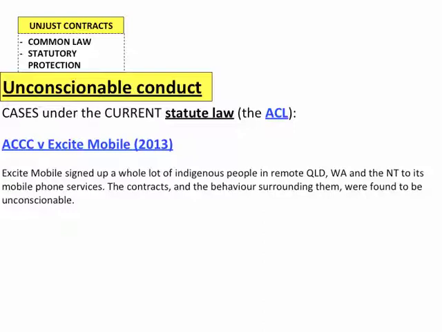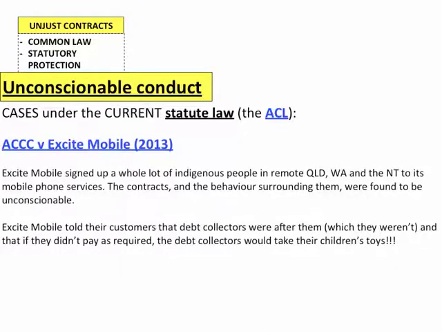What Excite Mobile did is they pretended that when someone hadn't paid their bill, like they were a little bit late, Excite Mobile would send these letters pretending to be a debt collection agency and say, we are a debt collection agency. Excite Mobile has given us your details, and if you don't pay up, we're going to come and take your children's toys. Like literally, this is what it said. That's not an exaggeration. That's what they told people.